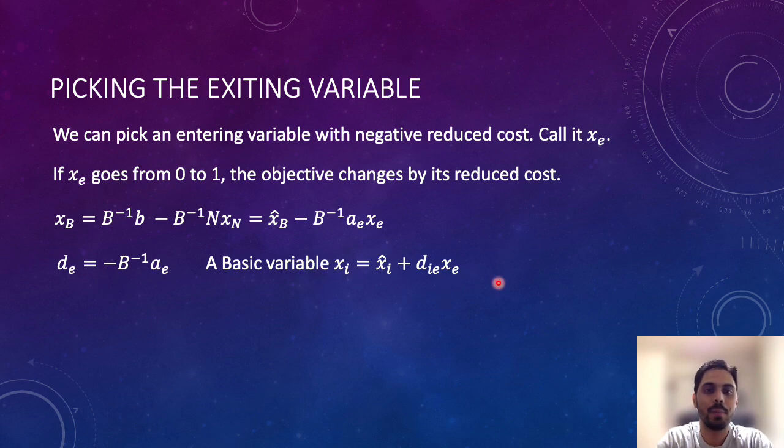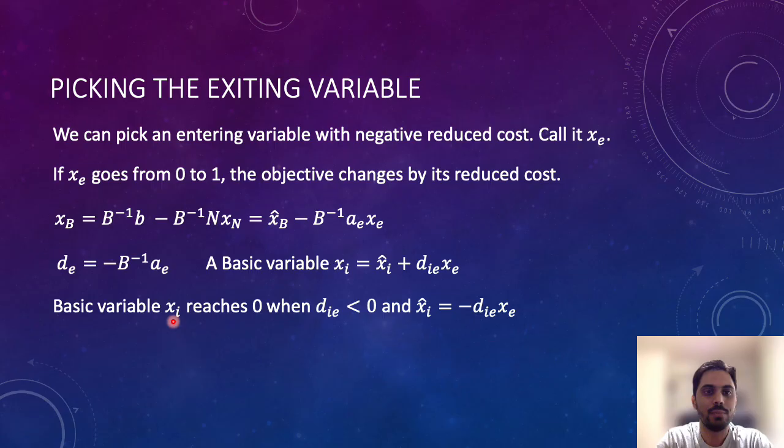And remember how we picked our exit variable? It's the one which restricts our entering variable the most. So how is this basic variable going to restrict our entering variable? If di is negative, it is restricting. We can increase the value of xe, and eventually it will reach this xi hat value and make this basic variable 0. So the first condition is that di has to be negative.